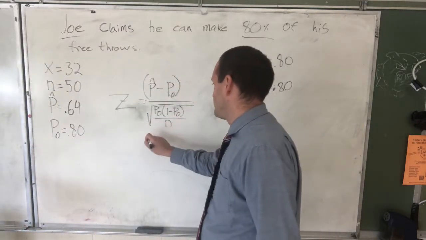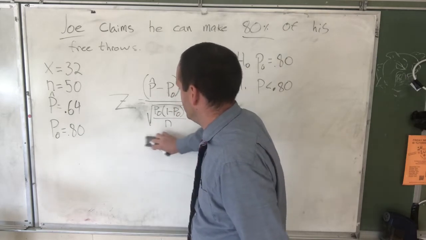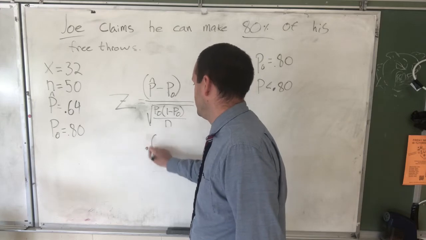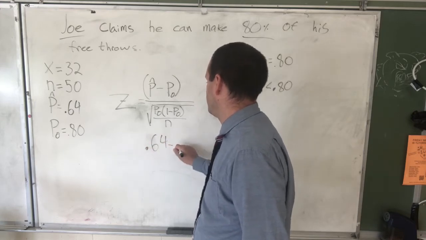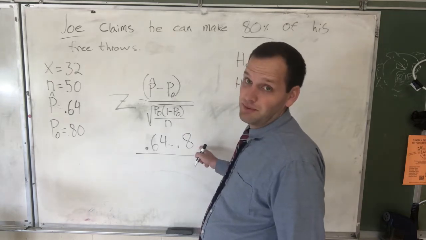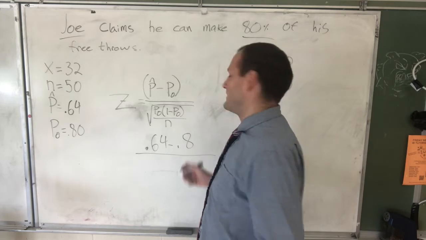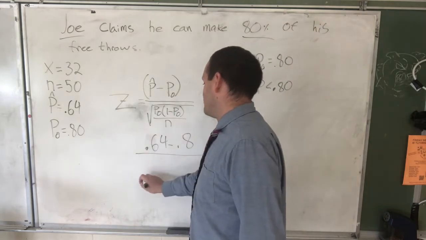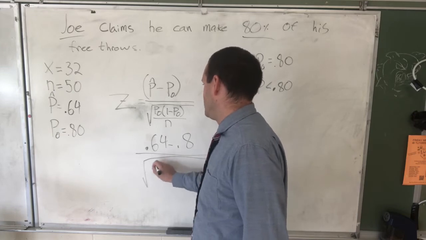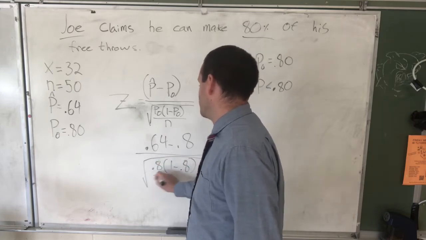That gives me 0.64 minus 0.8 divided. I could put a 0 on the 0.80, but isn't 0.8 the same as 0.80? Come on. All right, we've got the square root of 0.8, 1 minus 0.8 over n.